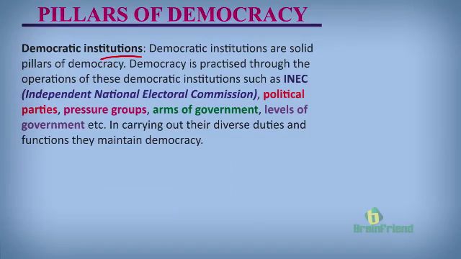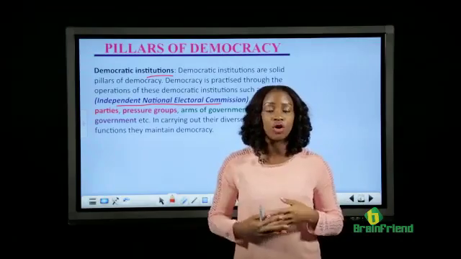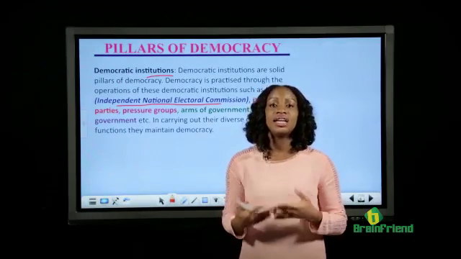And the next is democratic institutions. Now, these are institutions that help to promote democracy. Some of them include INEC. We know it as INEC, and the full meaning is the Independent National Electoral Commission. Now, this is a body that is in charge of elections in Nigeria.